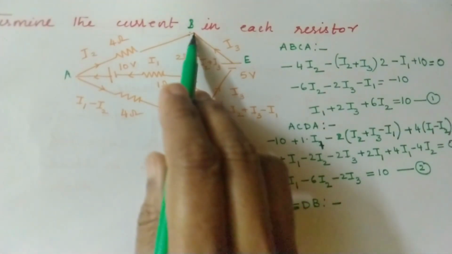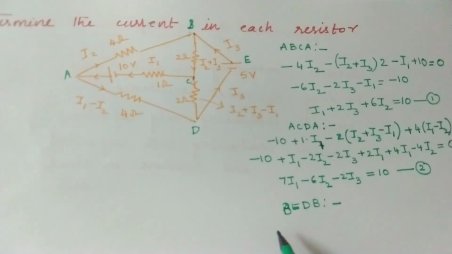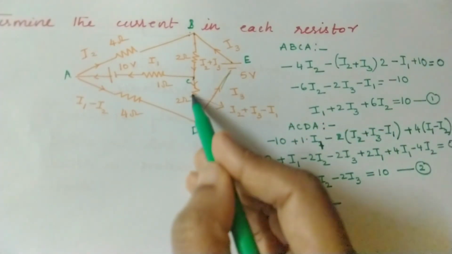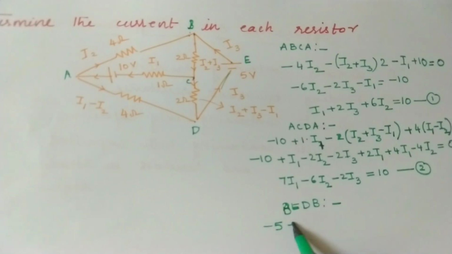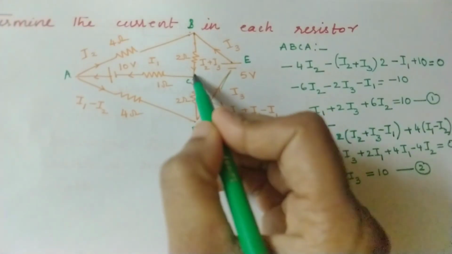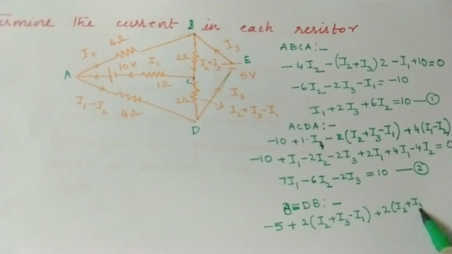So apply it. There is nothing here. When you are crossing this, positive to negative, EMF is negative, minus 5. No element here. Now I am moving opposite to current, and opposite to current we take the plus sign, 2 into I2 plus I3 minus I1, and again we are going opposite to current, plus 2 into I2 plus I3 should be 0.